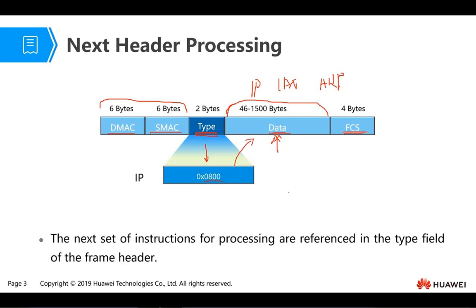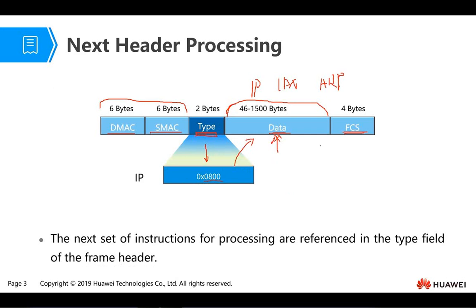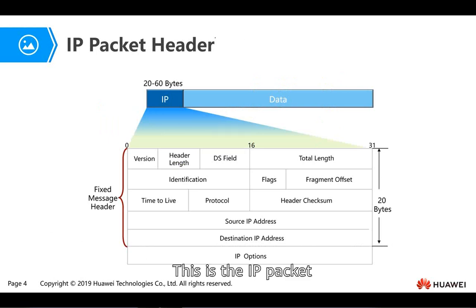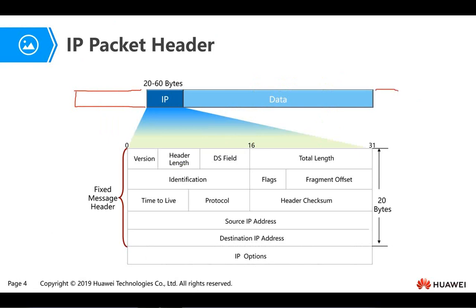Then what is contained in the IP packet? We can see, this is the IP packet. Of course, this is contained in the layer 2 frame. This is the FCS, and this is the type. Of course, before the type, there are the destination MAC address and the source MAC address.